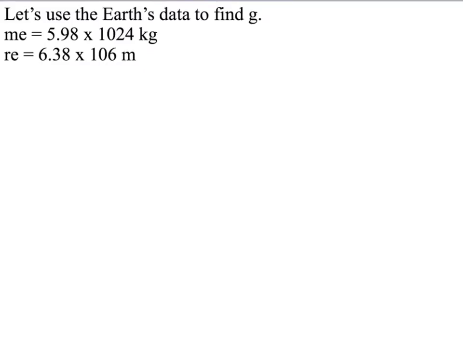Let's use Earth's data to find g. Again, we know what it is, it's 9.8, but let's try it out. Little g is G m1 over d squared. Little g is what we're looking for. Big G is 6.67 times 10 to the minus 11.